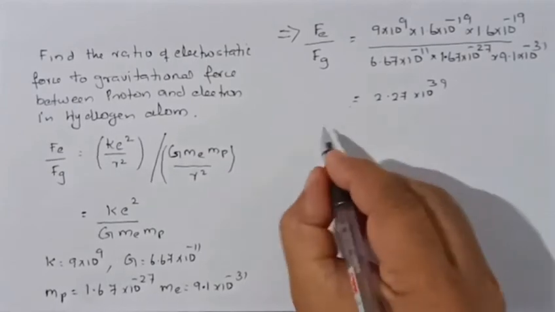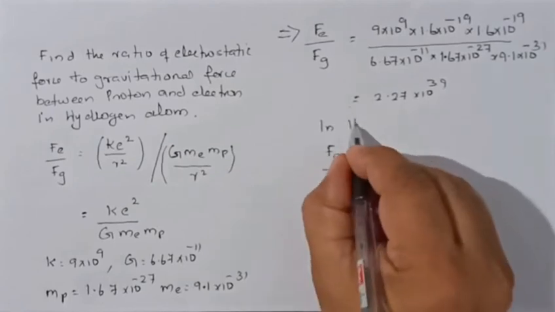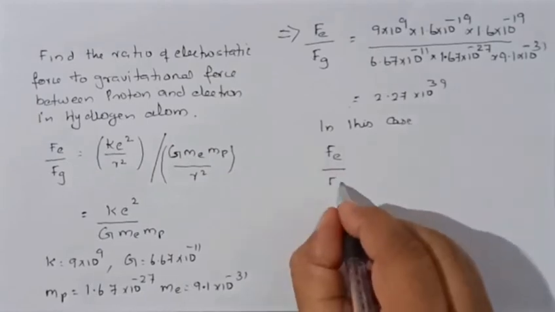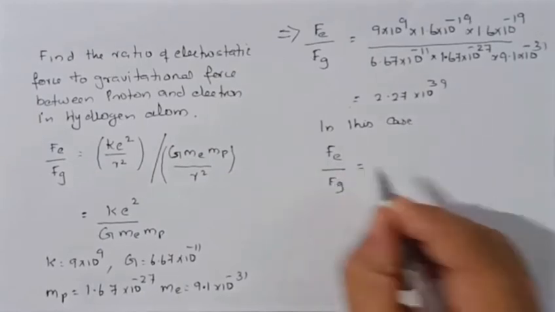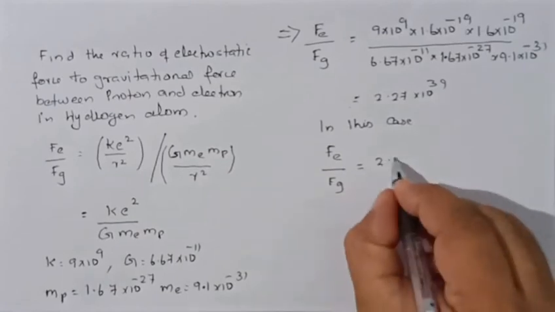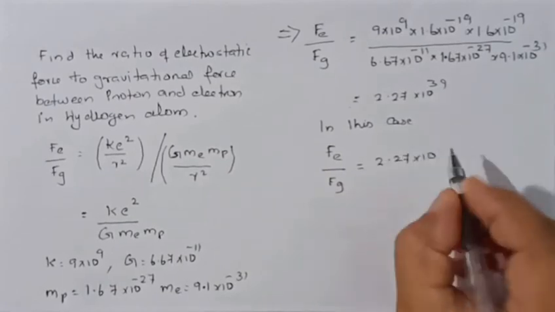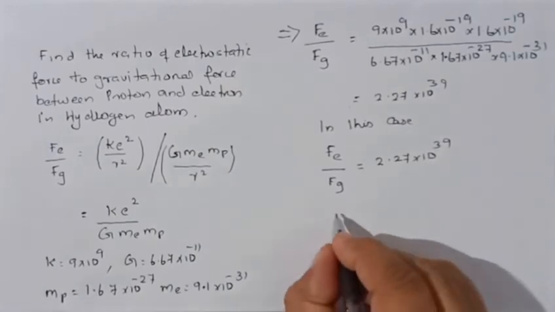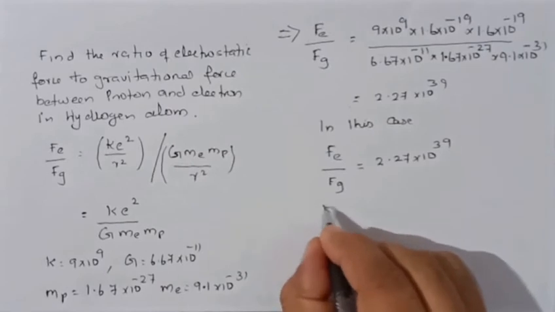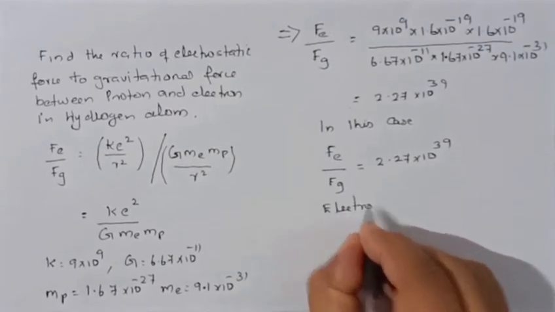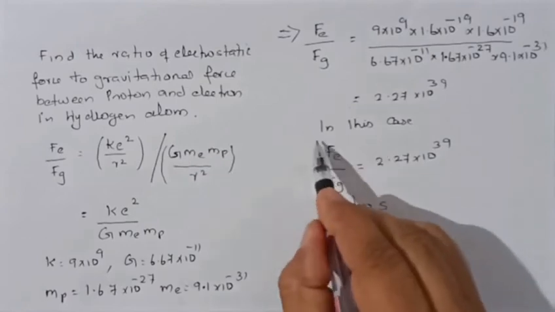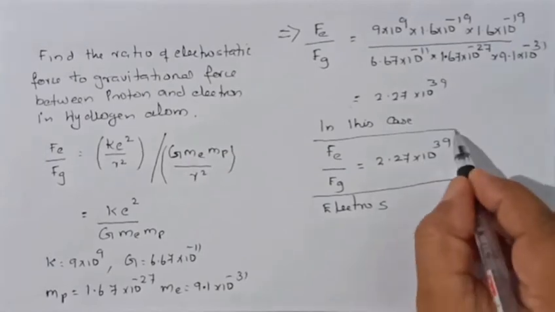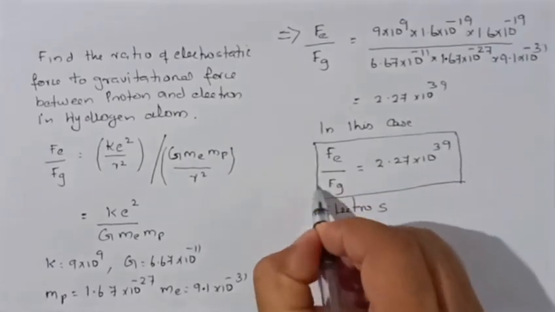So Fe upon Fg in this case is equal to 2.27 times 10 to the power 39. So you can see how strong the electrostatic force is compared to the gravitational force. It's about 10 to the power 39 times stronger.